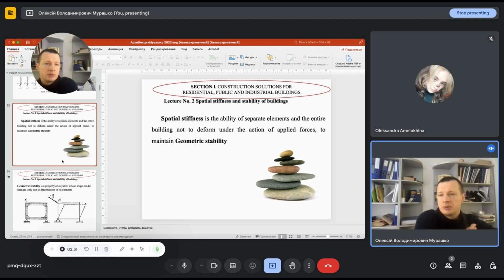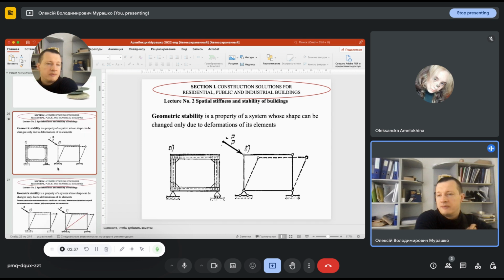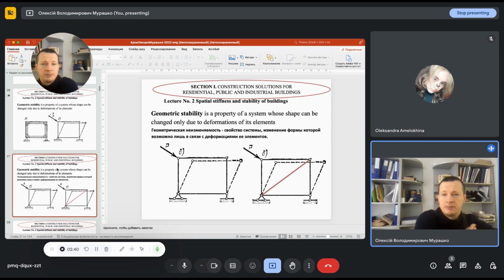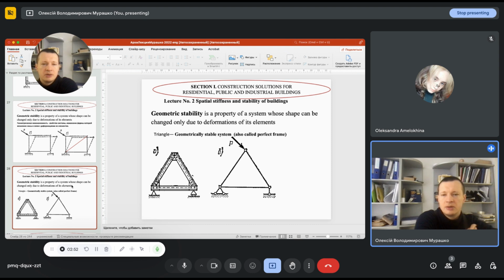And we know that we can guarantee the geometric stability in two main ways. The first of them is the link method. We can make it by adding link elements, and the second way is to make rigid connections between elements, and it is the frame method.